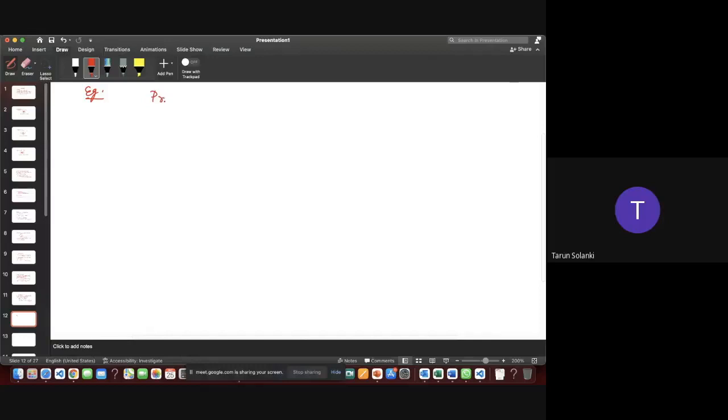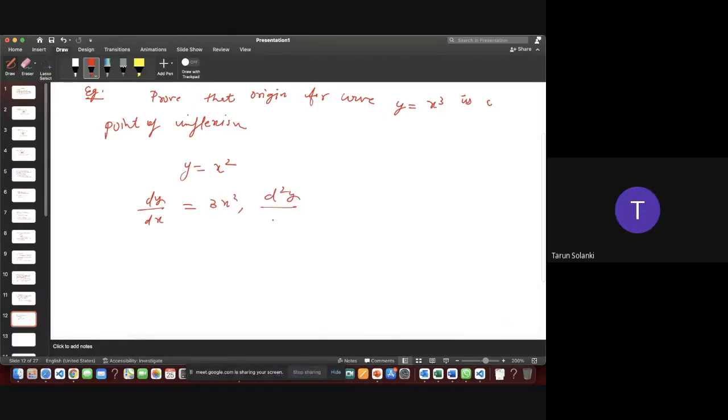Prove that the origin for the curve y is equal to x cube is a point of inflection. So that means y is equal to x cube, dy by dx is 3x square, d square y by dx square is equal to 6x, d cube y by dx cube is equal to 6.